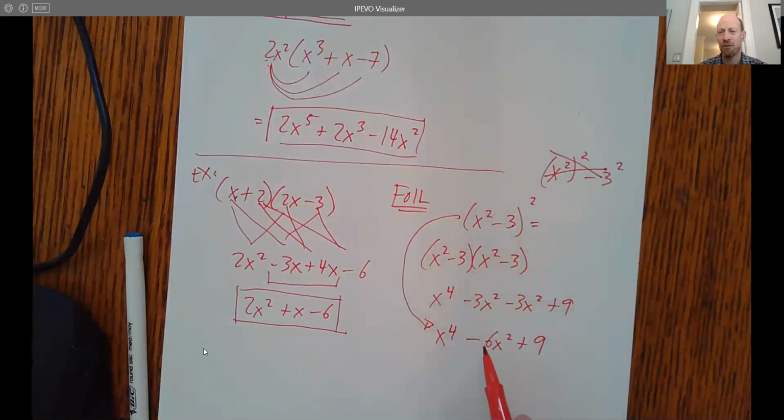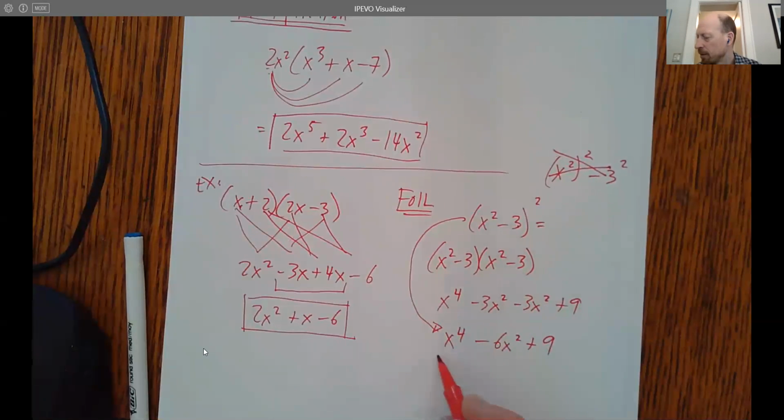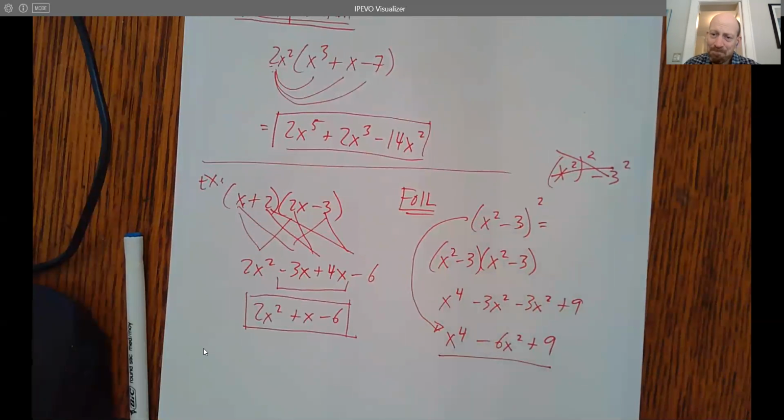So if you're feeling confident about these, you can certainly make a shortcut and get here directly. I don't know that the shortcut saves us that much work. I'd much prefer you get this one correct first, and then we can worry about a shortcut or speeding it up if we need to.